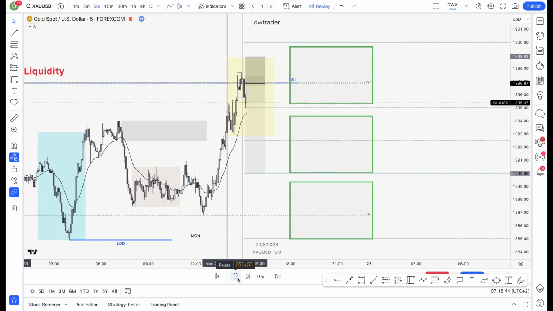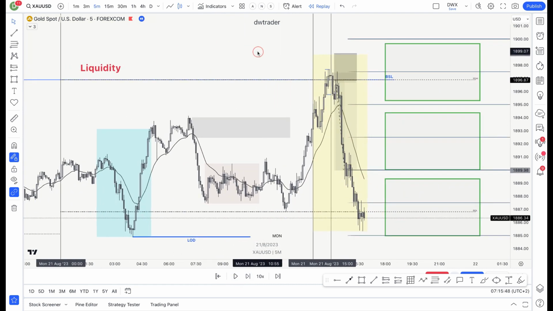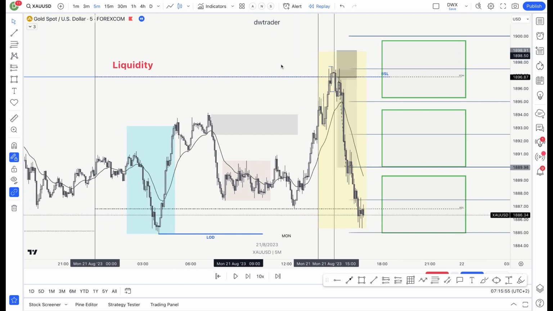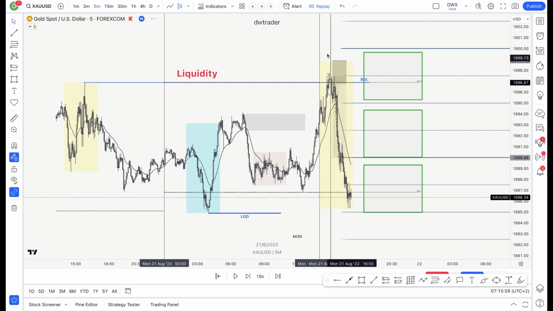Let's have a look what happened there. Perfect. This is not hindsight. I'll show the trade as it happened. But that was the thesis and the trade breakdown on why I took a short trade on gold today.